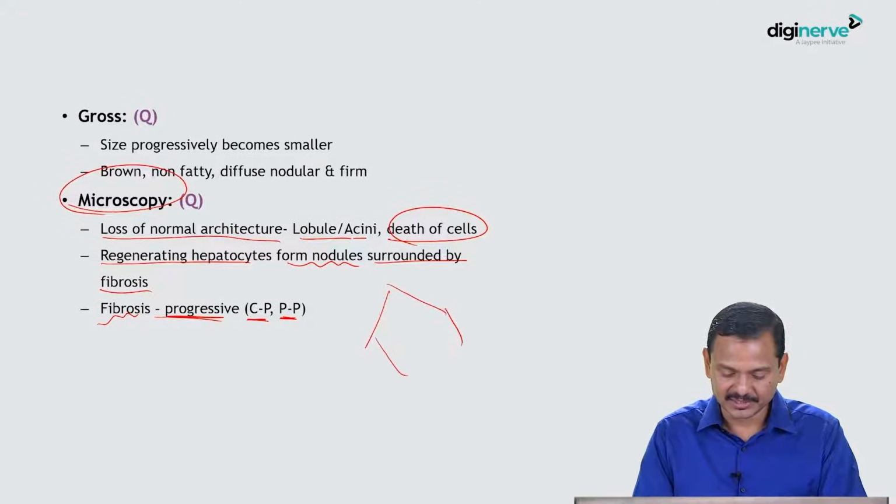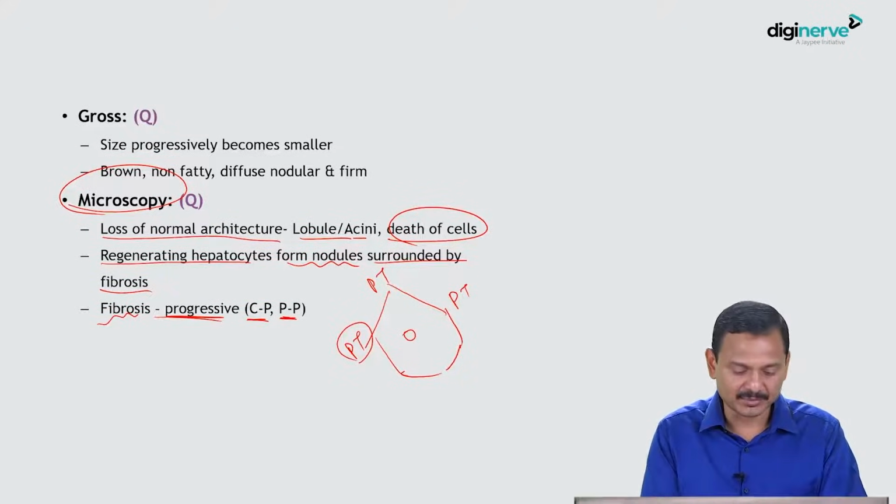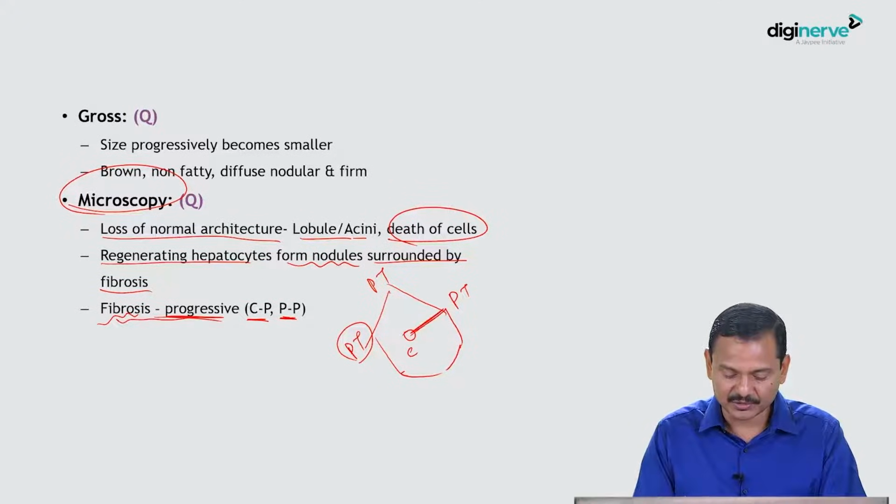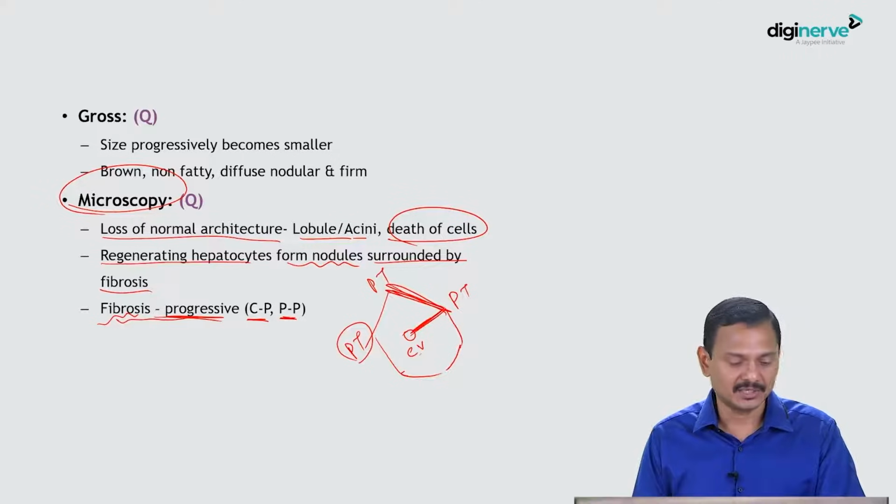So if you remember, here this is the central vein, here portal tract, here portal tract. If progressive fibrosis happens from central vein to portal tract or from portal tract to portal tract, that will give rise to a nodular appearance.